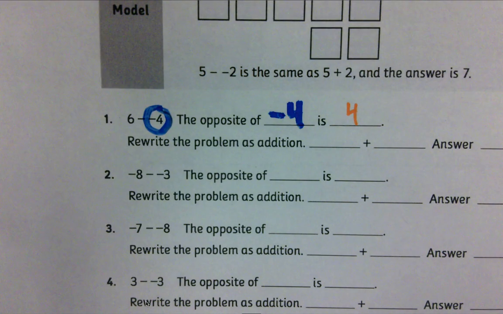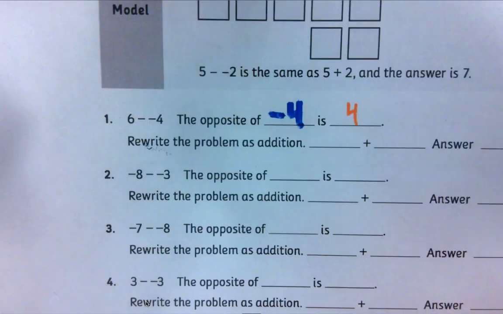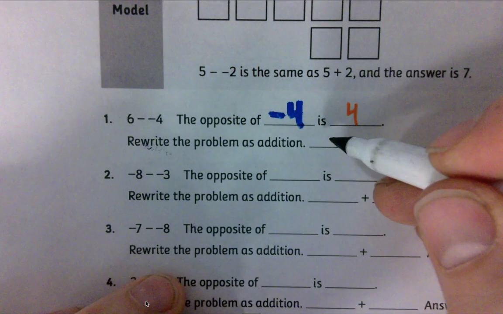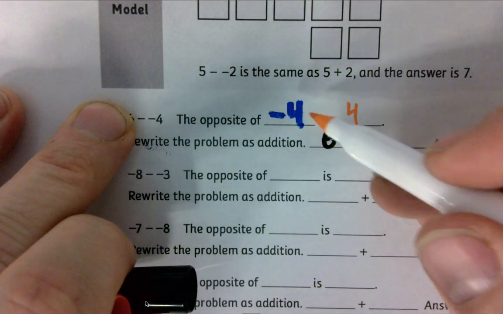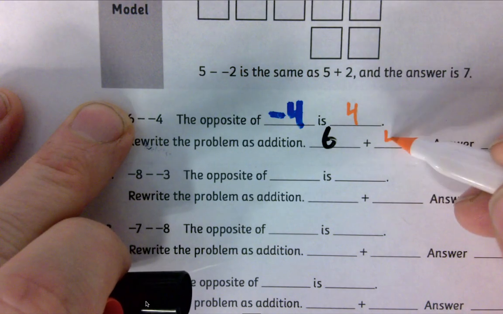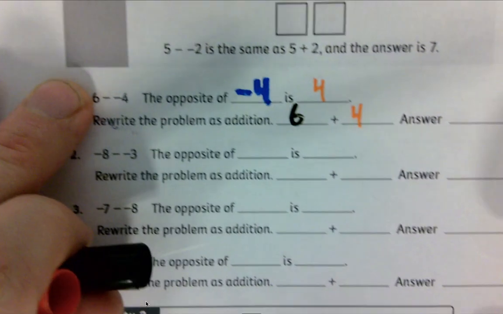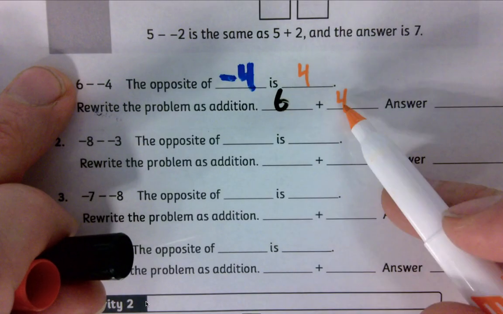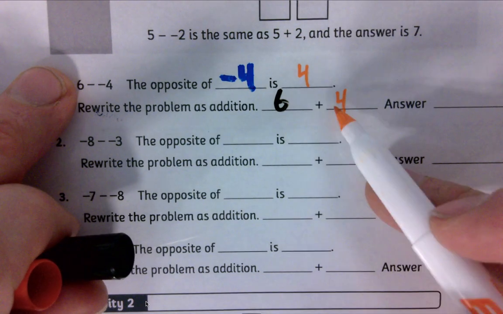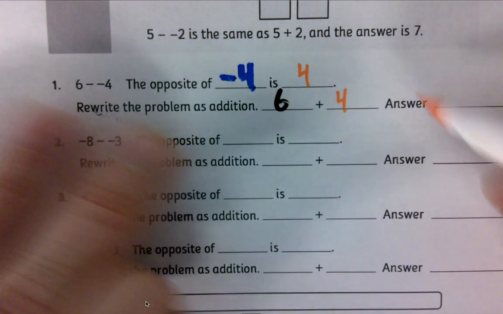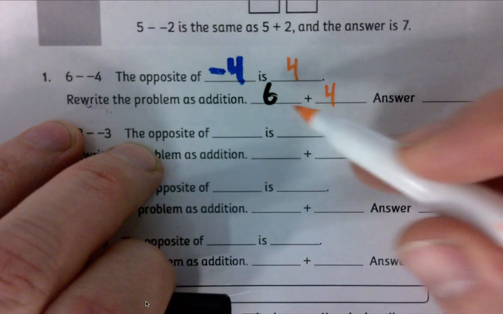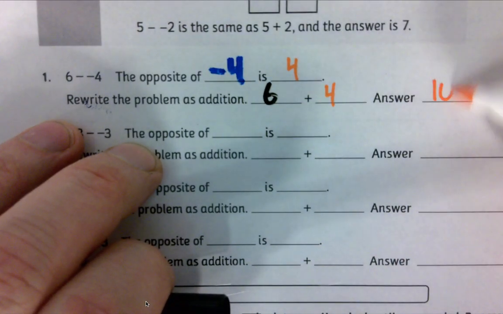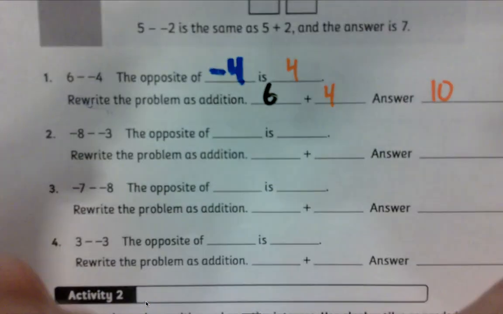So then you and I are going to rewrite this problem as 6 plus the opposite of a -4, which is 4. And now you and I can answer that. We've been doing this math for a while. 6 plus 4. These are both positives. Since they're the same sign, since they're both positive, add them together and you get 10.